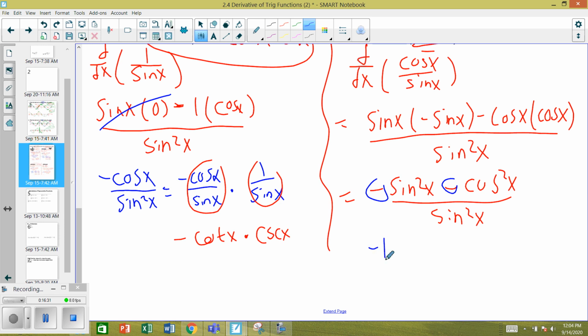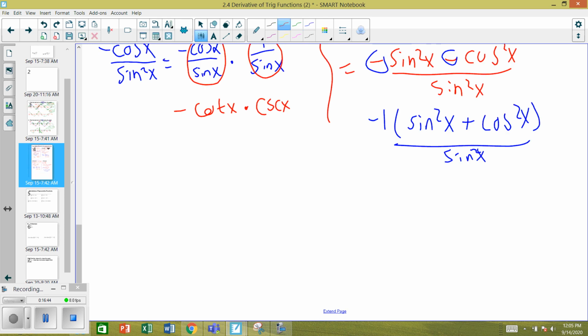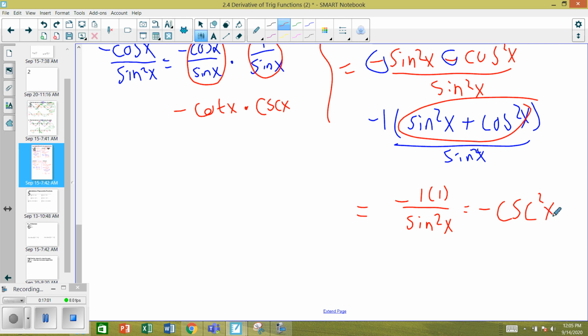So we got negative 1 times sine squared x plus cosine squared x all over sine squared x. And we know that this goes to 1, by the Pythagorean identity, so we got negative 1 times 1 over sine squared of x, which we know is nothing more than negative, what's 1 over sine squared? Cosecant squared x.